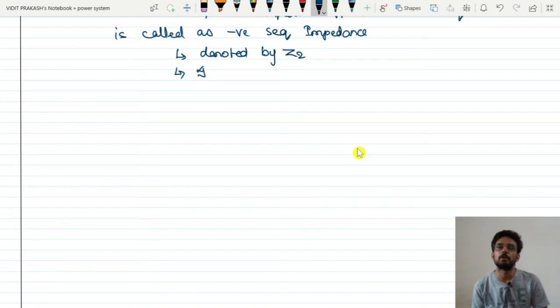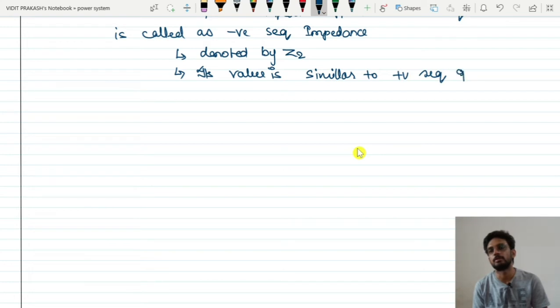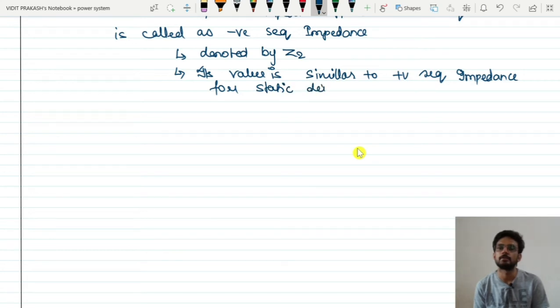Its value is similar to the positive sequence impedance for static devices, for example, transmission line and transformer.